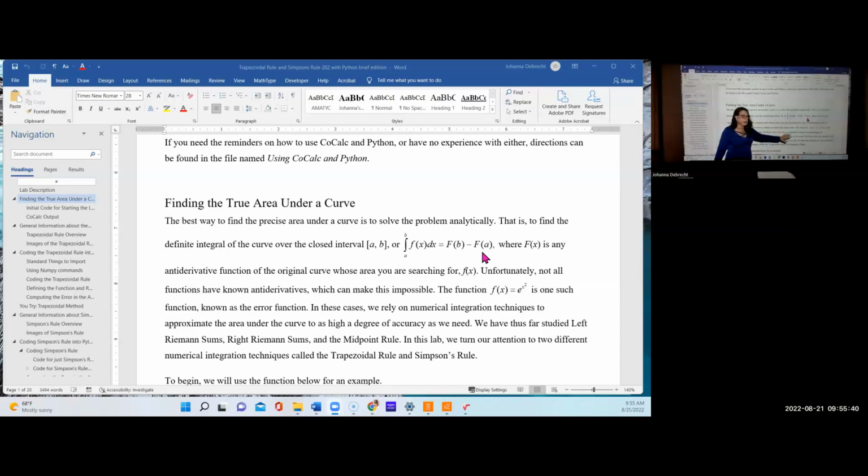For example, e to the x squared is one such function. It has no known antiderivative. It's known as the error function. And because it comes up so often in applications, we've given it a name and a way of writing it down, ERF of x. And we need some way of approximating the definite integral of such a function, even though we can't write down the antiderivative function.